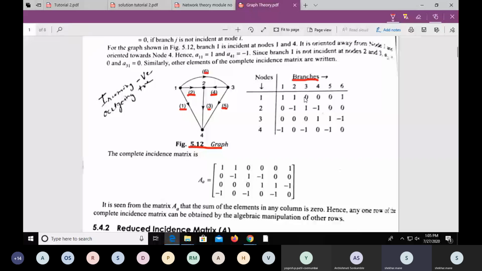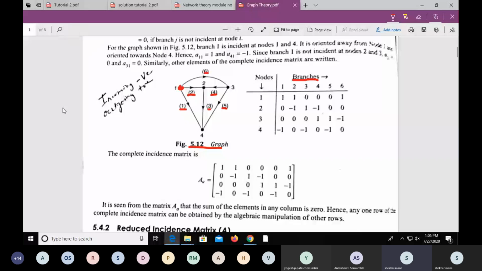Now how to write 1 and 0? That depends on the direction. Now here you can see for node 1, all the 3 branches are outgoing. All the 3 arrows, branch number 1, 2 and 6, the arrows of the current are going away from that node.